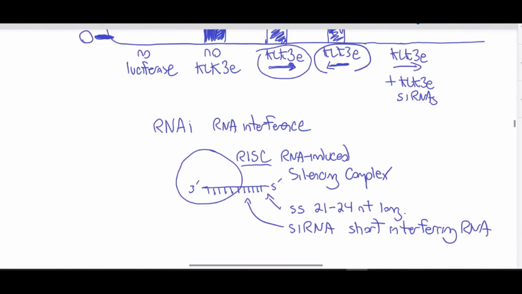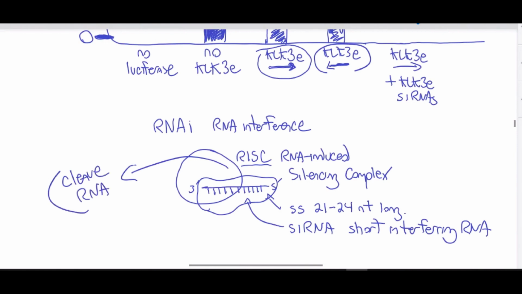And if an RNA, like a messenger RNA, for example, or an enhancer RNA, has a segment that is complementary to the sequences in the siRNA, the RISC complex will cleave the RNA that matches the siRNA. So that RNA is no longer functional, and can no longer be translated into a protein.